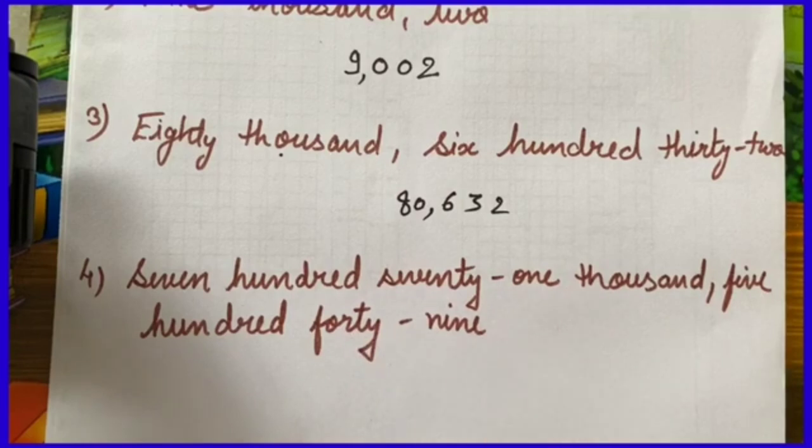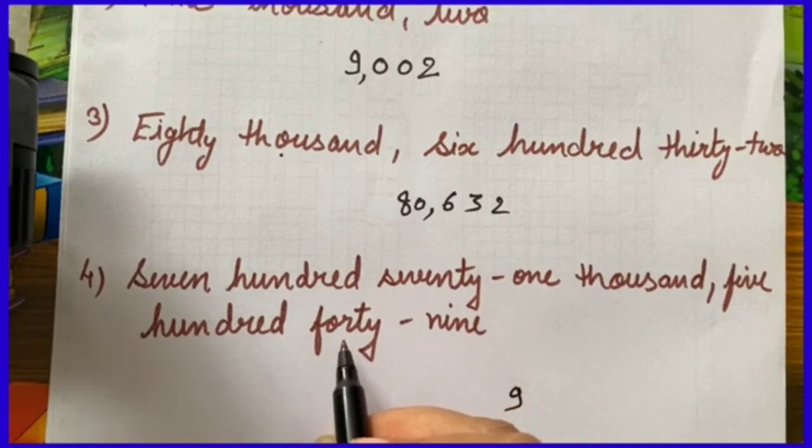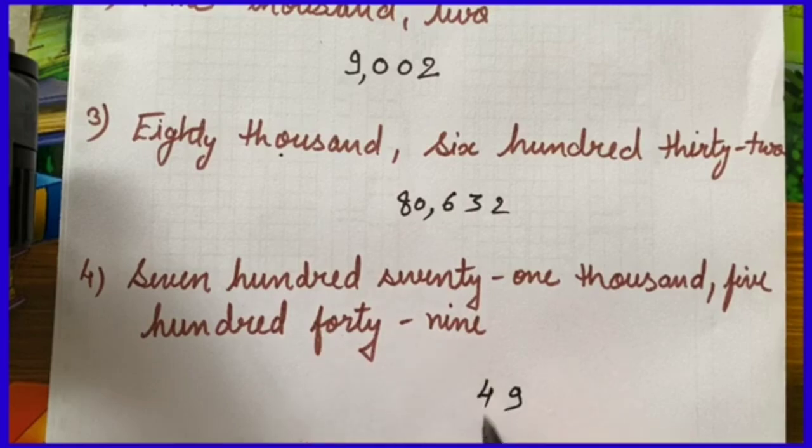771,549. Now here I would like to explain that in maths, for big numbers, we put a comma after every 3 digits. So it will be easy for us to translate it. Now let's start from the rightmost. 9 will be the rightmost, so it represents the ones place. So 9. Then it is written 49. How many tens here? 4 tens. So it's 49.